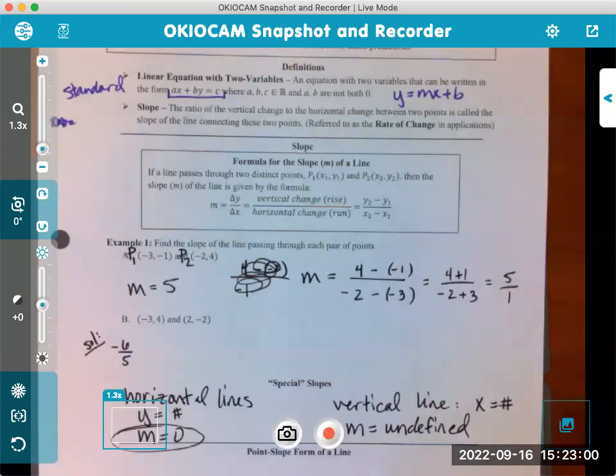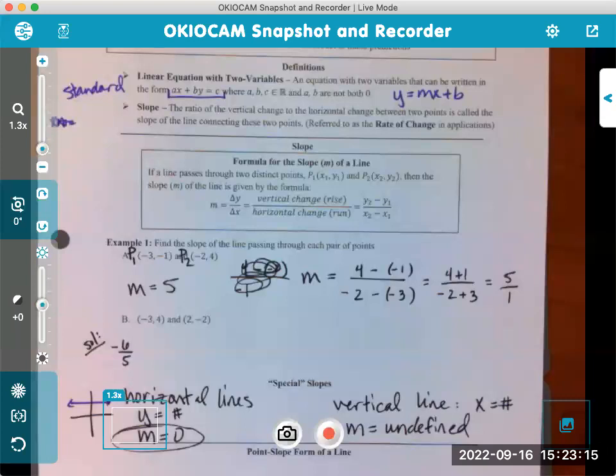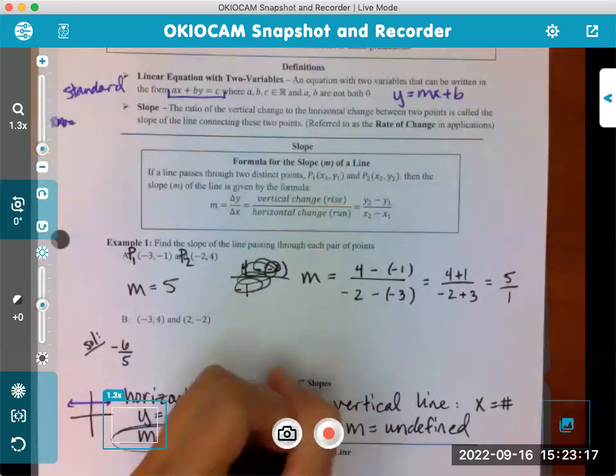Sorry, my brain was like, is undefined right? Who knows? Y'all can chuckle. My brain's not wanting to work right now. So these are our special slopes. Horizontal lines have a slope of 0, a flat line. Vertical lines have a slope of undefined.